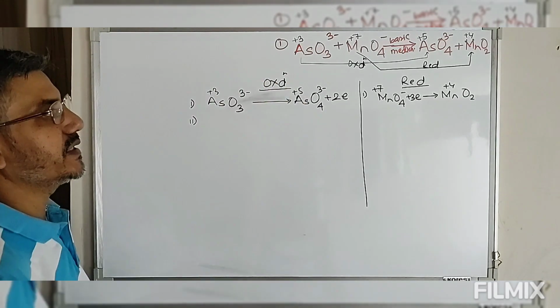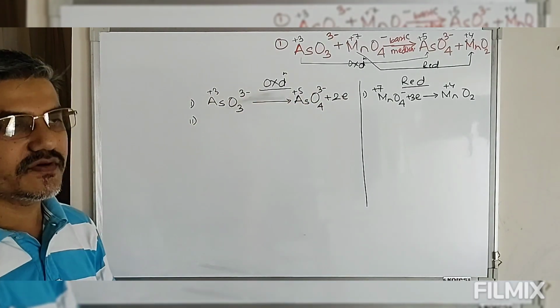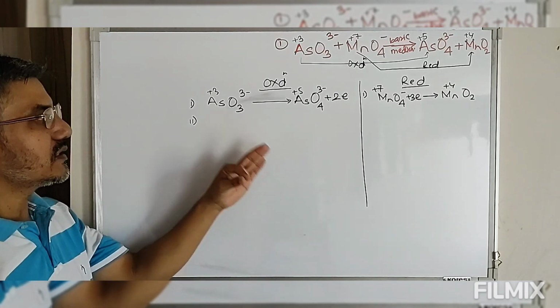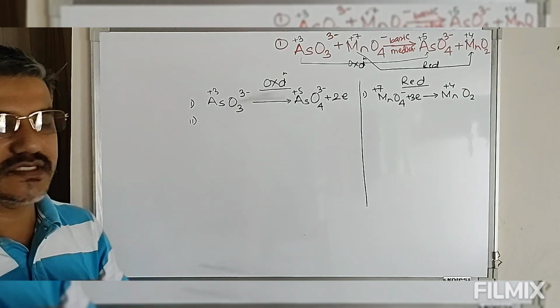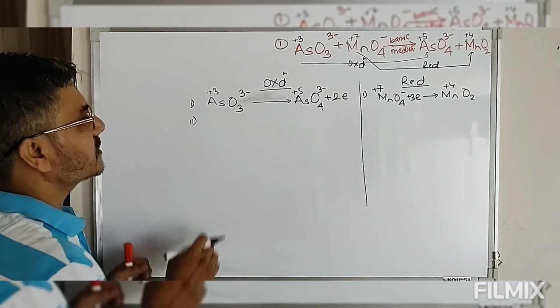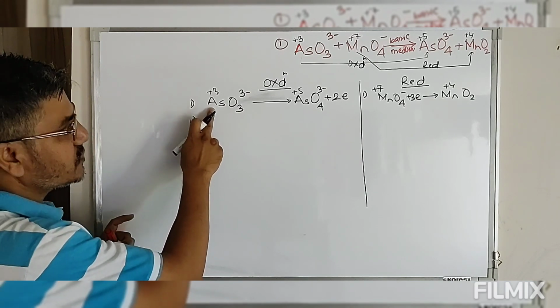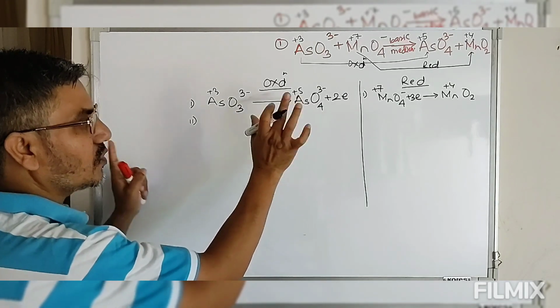Once we separate this into oxidation half and reduction half, next is to balance the atom of the element undergoing change in oxidation state. In this particular case, arsenic is the only component changing oxidation state. Arsenic is 1 on the left side, 1 on the right-hand side, so this is already balanced.